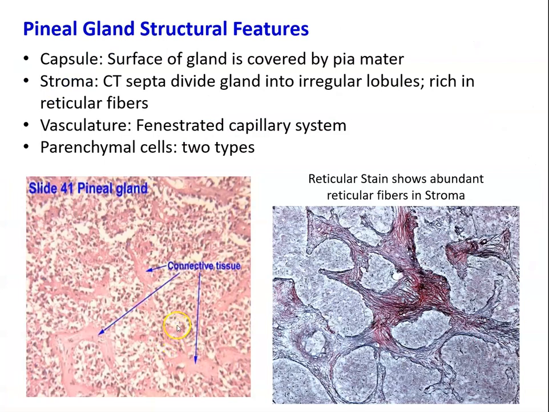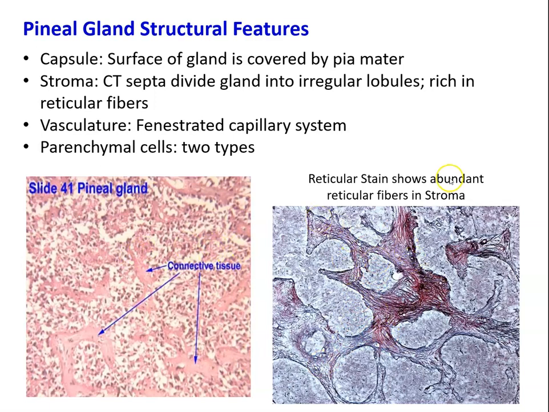So what are the features overall of the pineal gland? It is covered by a capsule, and the surface of the gland is actually encapsulated by pia mater. The stroma is comprised of connective tissue septa that go into the gland and divide it into irregular lobules, and these are rich in reticular fibers, as you can see in this reticular stain.